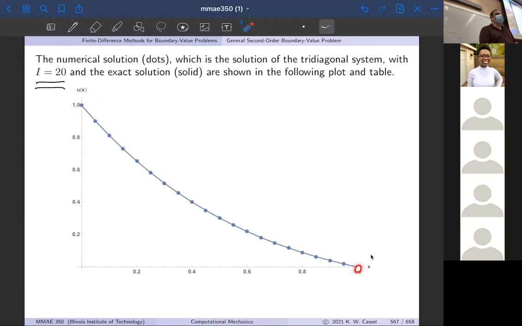It has to satisfy those, of course, because they're boundary conditions. And then you have the exact solution, which is the solid line. And you can see the numerical solution agrees very, very nicely with the exact solution for this relatively boring, smooth case. But that warms my heart.